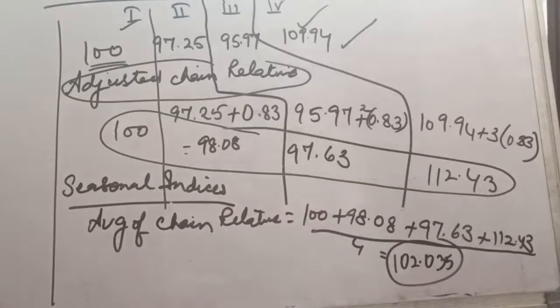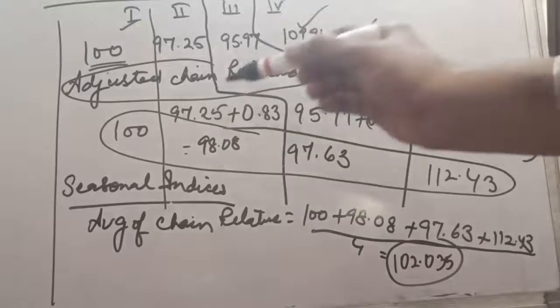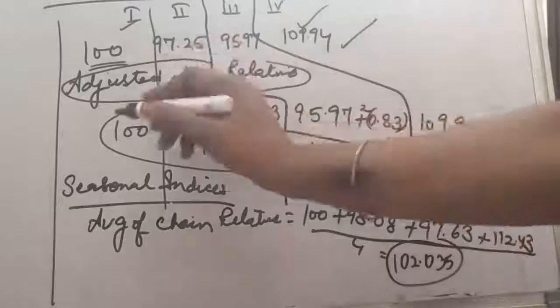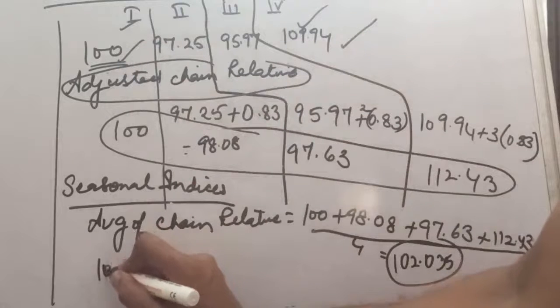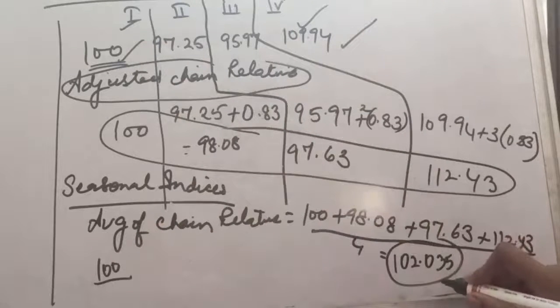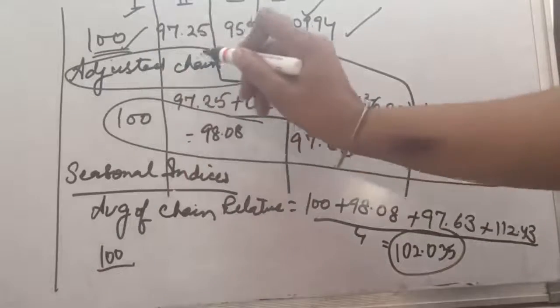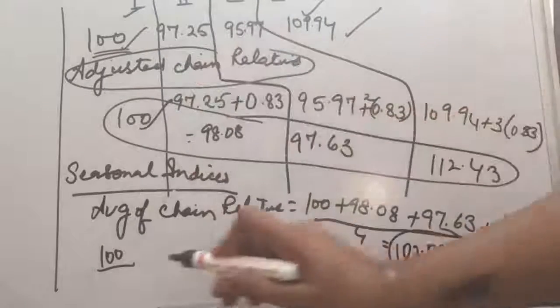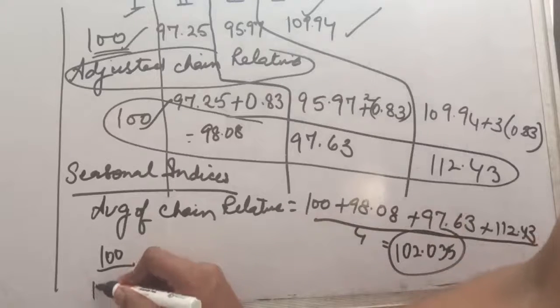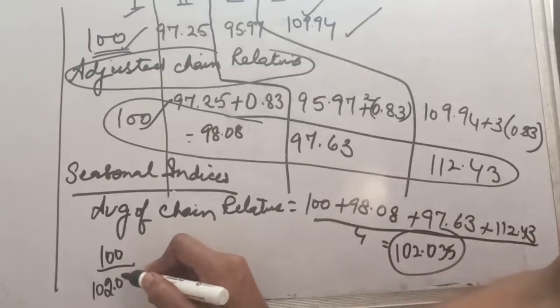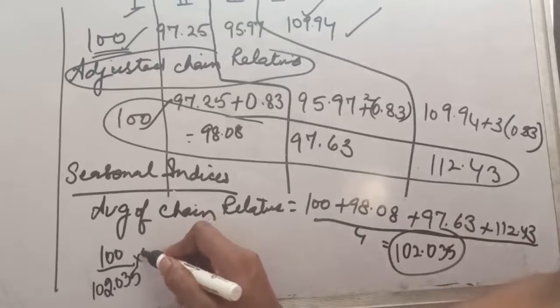Now we will be adjusting these values with this average. So for seasonal indices, the formula we will apply, we will just take it as a percentage. Our first answer for the first quarter was 100. So 100 divided by this average, 102.035, multiplied by 100.